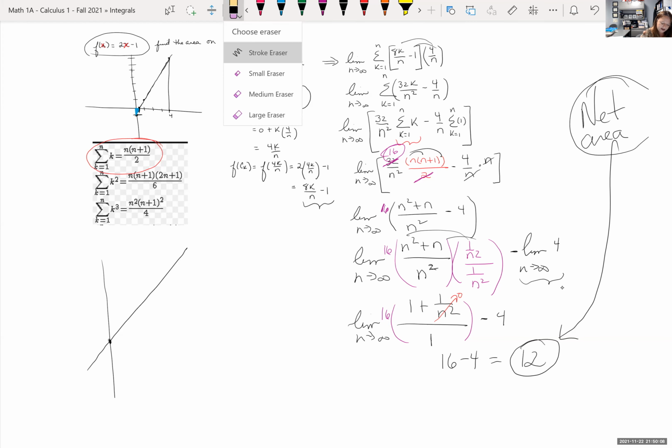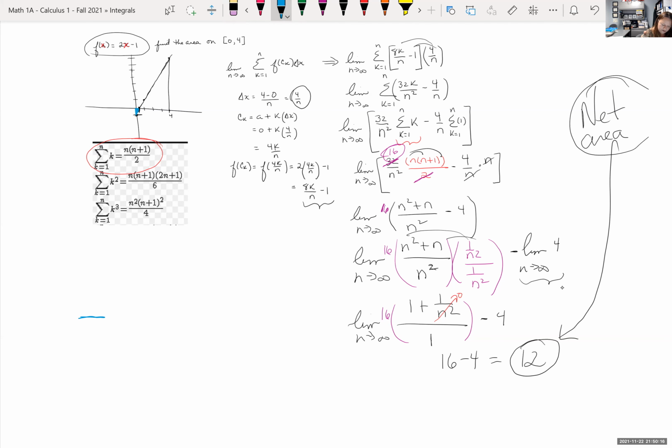And the area of a triangle is 1/2 base times height. So this height in here was 1. This base in here is 1/2. So the area of that piece is 1/2 times my base, which is 1/2, times height, which is 1, is 1/4.